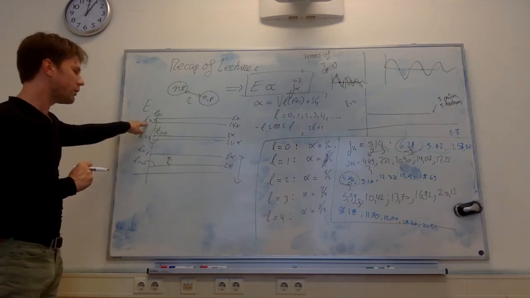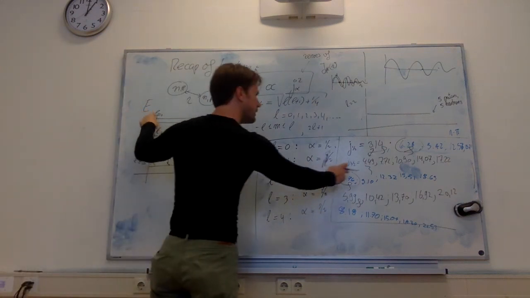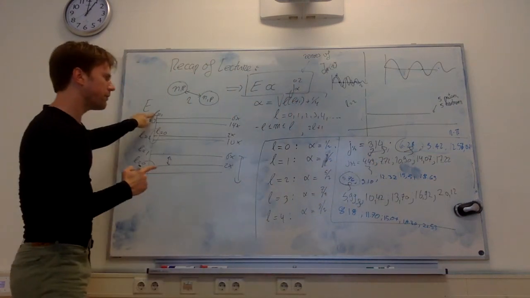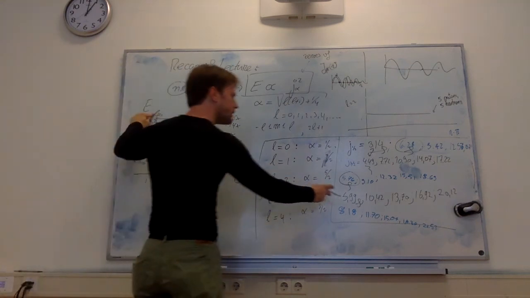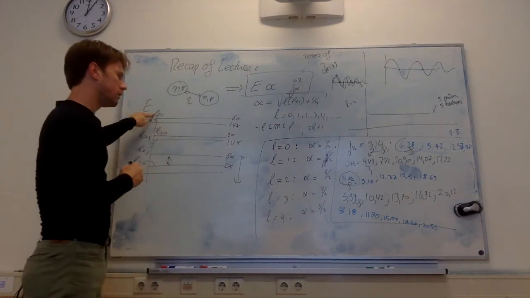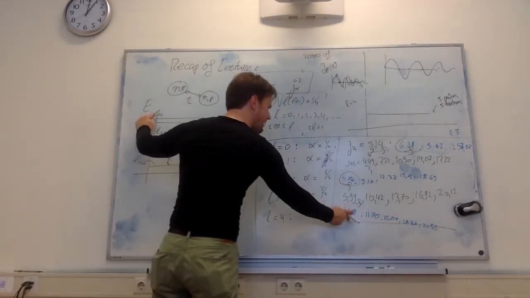Let's see, the L is 3, that was 6.99, and the L is 1 is this. I think it's 7.72. Yeah, that's the one. And is it all close-ish? 8.18?